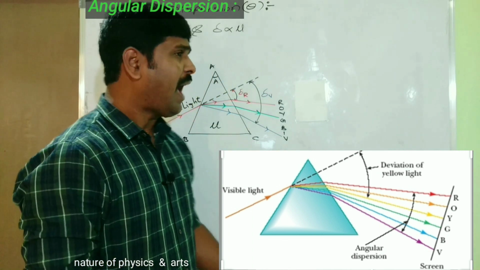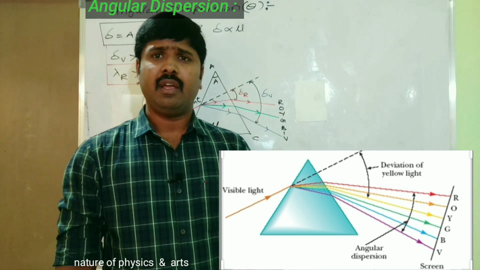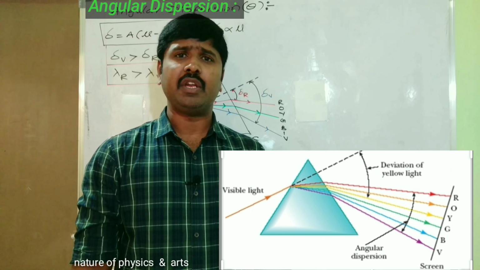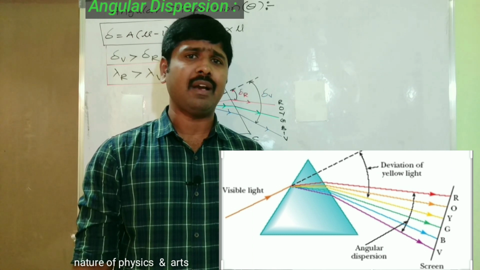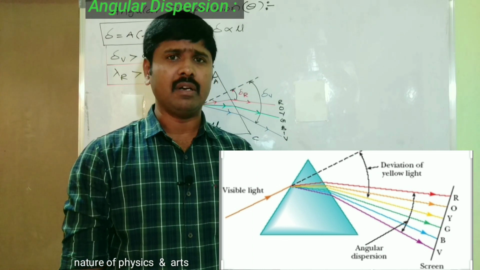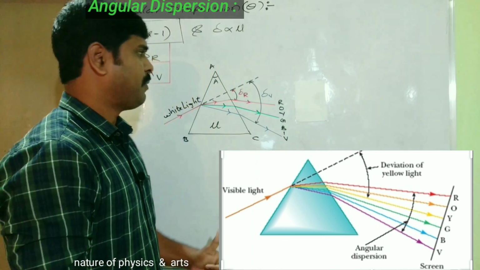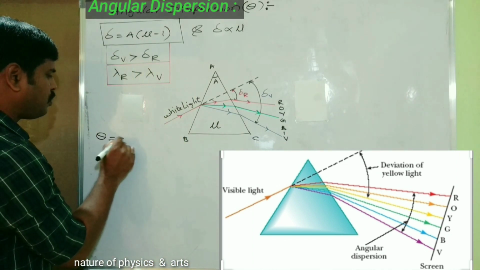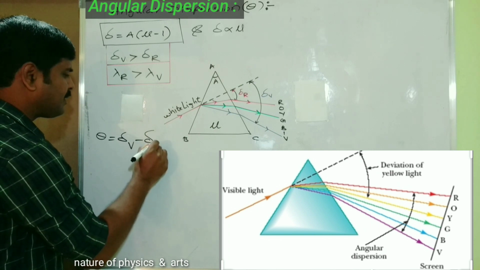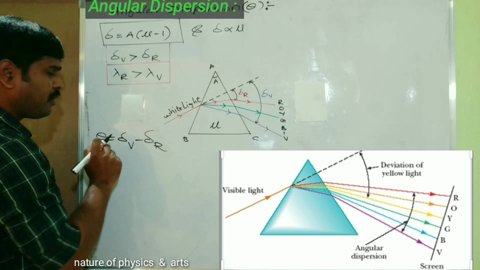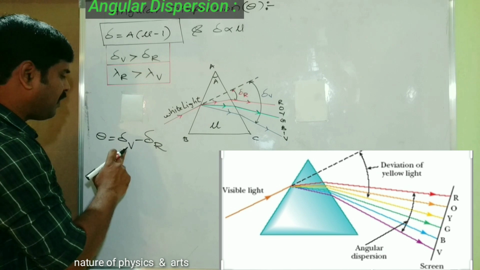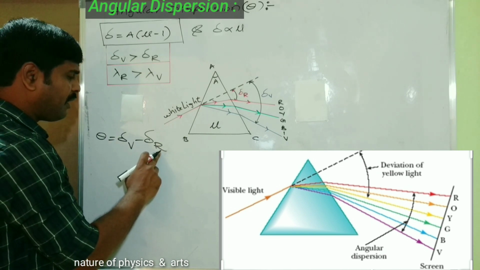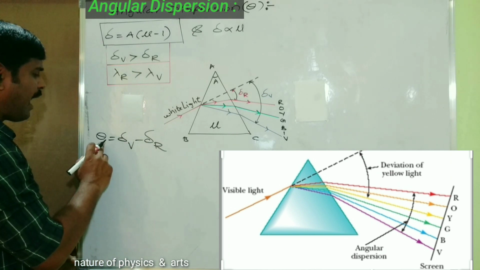In angular dispersion, we consider the difference between the deviations of two colors. So we consider theta equals delta V minus delta R. According to the definition, the difference between the violet color deviation and the red color deviation is called angular dispersion theta.